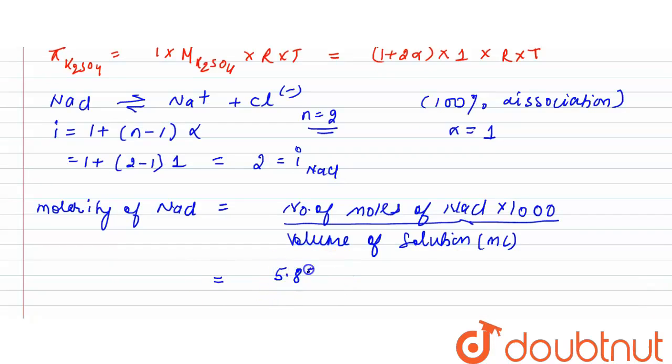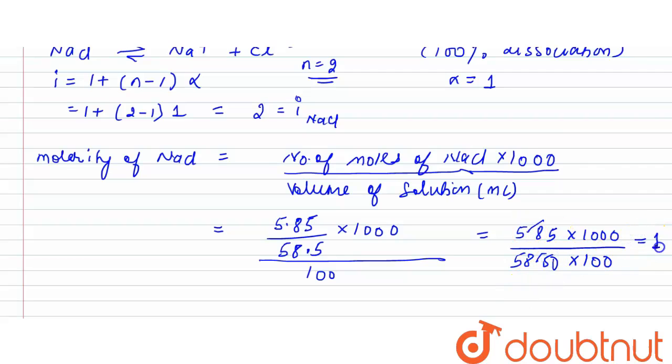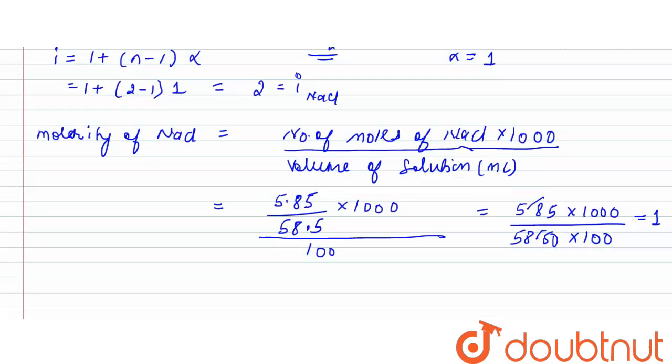The weight given is 5.85 divided by the molecular weight 58.5, into 1000, whole divided by 100, because the volume is 100 ml. So the molarity of NaCl will be 5.85 into 1000 divided by 58.5 into 100, and you will get the value as 1. So the molarity for NaCl is also 1.